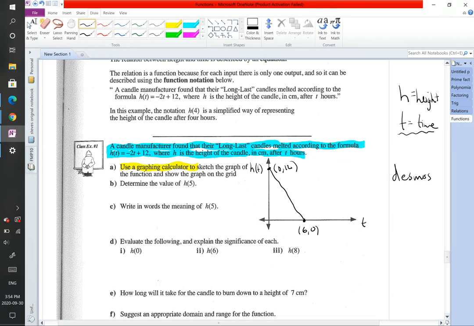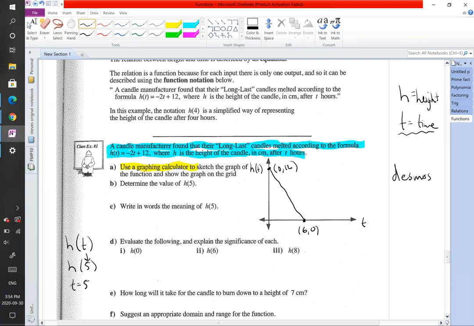Now it says determine the value of h of 5. So that means that usually our function is h of t, so if we have h of 5, that t is equal to 5, right?